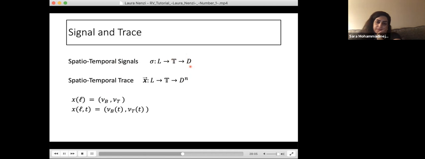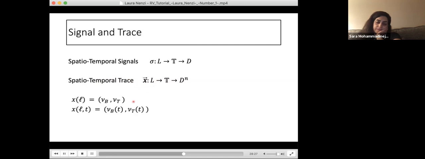So you have different possible signals: a Boolean signal, a quantitative signal, or an integer signal. And then we define the spatial temporal trace or trajectory as a vector of temporal signals.